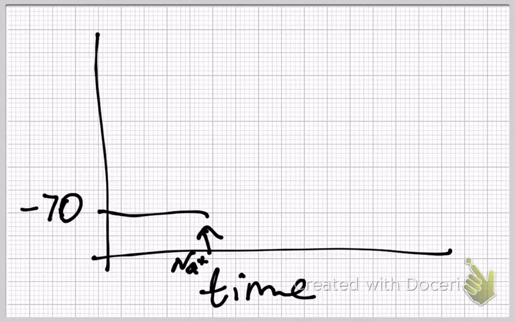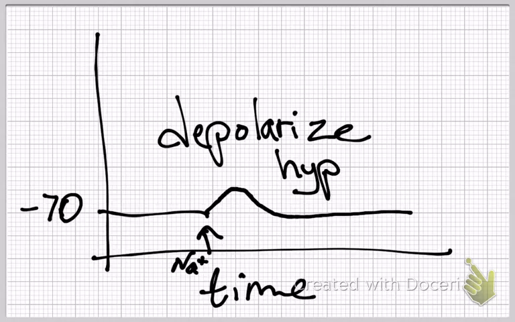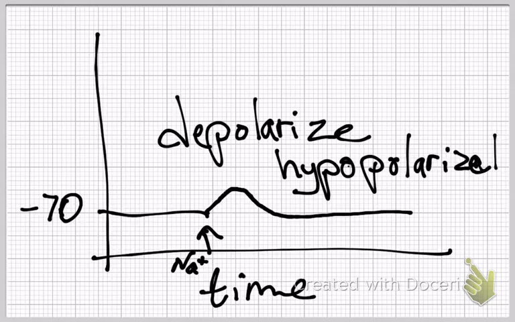Up. And again, these little local gates open and then close and get us back to rest. Okay, and what did we call this? Depolarization. Some books will call it a hypopolarization, which is fine because that's the opposite of hyper. I kind of prefer that term, but I don't think your book uses it that way.